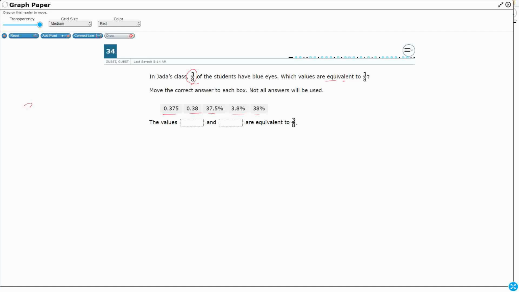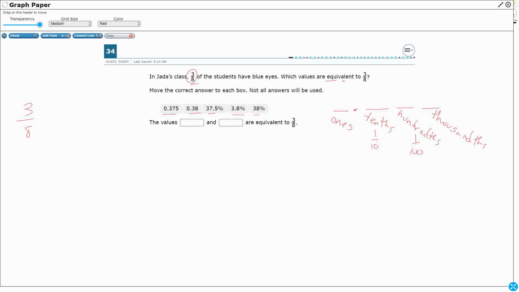One option is to look at place value. So when we're looking at place value, we've got our ones place, we've got our tenths. I'm going to write that as 1 over 10. We've got our hundredths. I'll write that as 1 over 100. And then our thousandths.